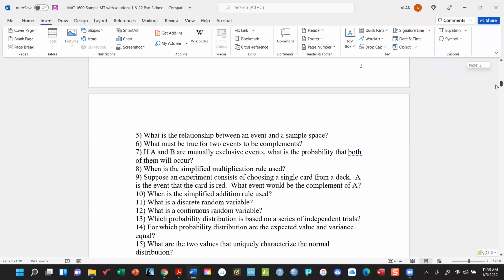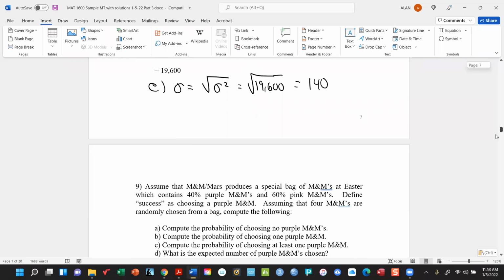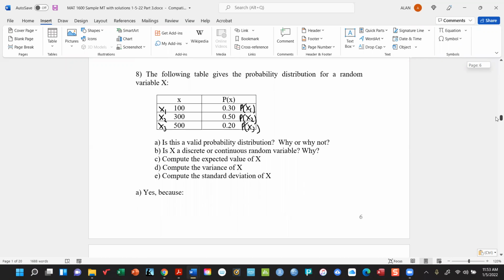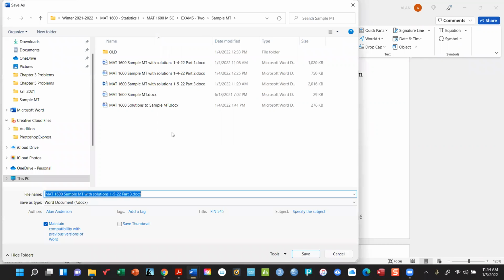Unbelievable. See, when it does this, that means it's out of memory. It's being a pain in the butt.